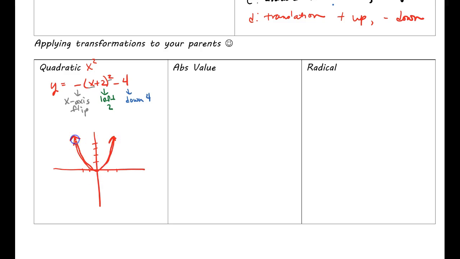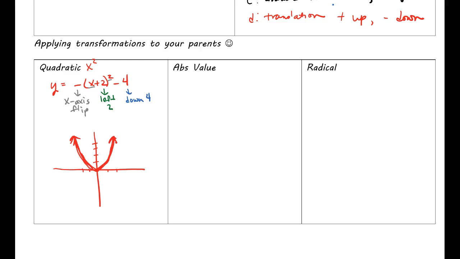Try to make yours a little better than mine. I'm pretty terrible at being accurate, and that's part of the curse that makes me sometimes a horrible math person, is my stuff's not very precise when I graph it. Okay, so this is my parent. Try to make it match the grid of over 1, up 1, over 2, up 4. Okay, now we start doing this stuff to it.